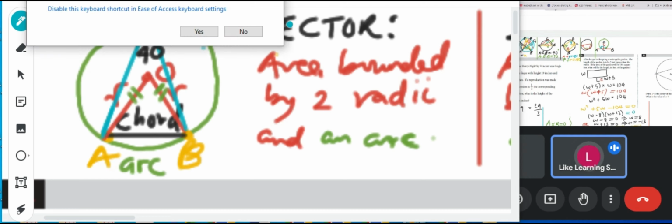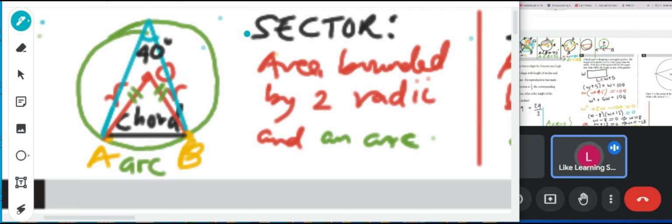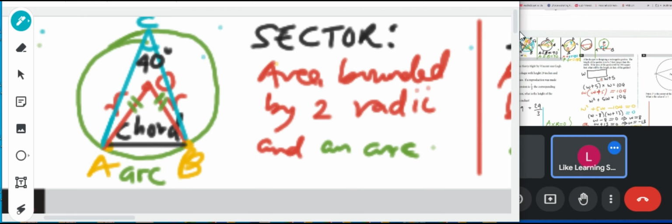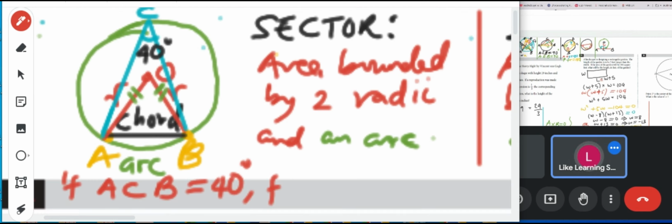That's 40 degrees. Let me call this C. If angle ACB is 40 degrees, find angle OAB.